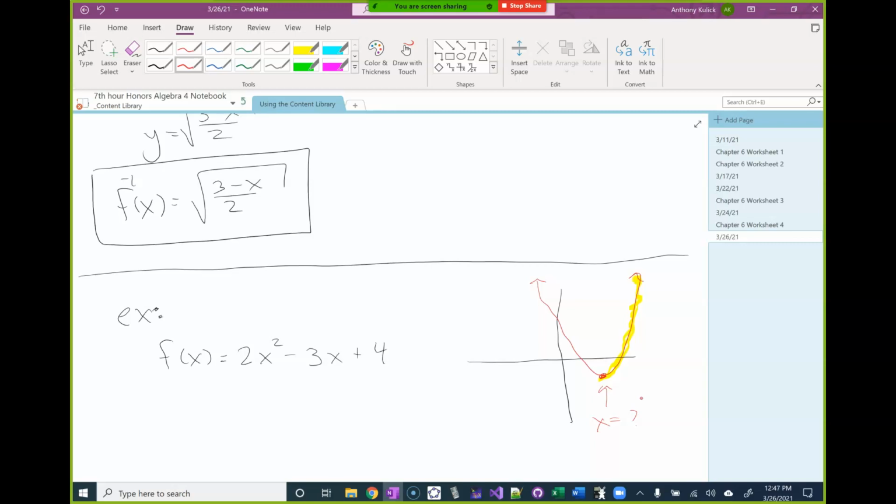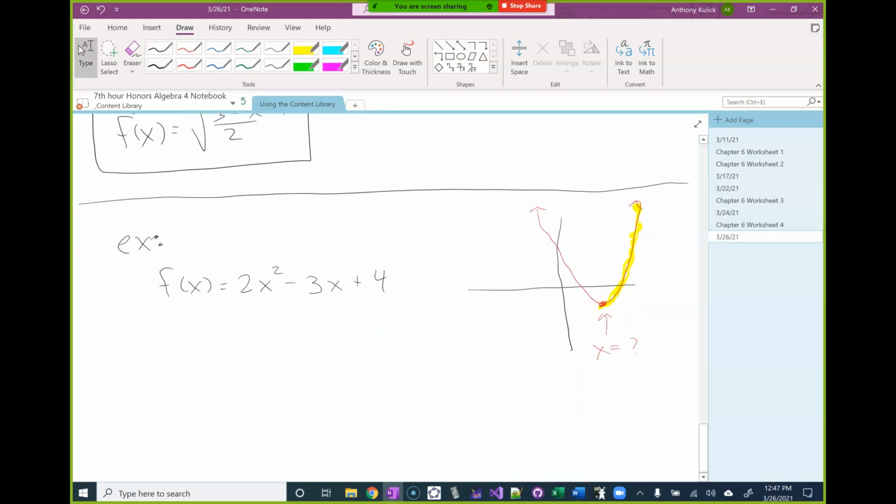Everybody remember that? Do you remember how to find the vertex for a quadratic in standard form? Oops, let's write that as f(x).